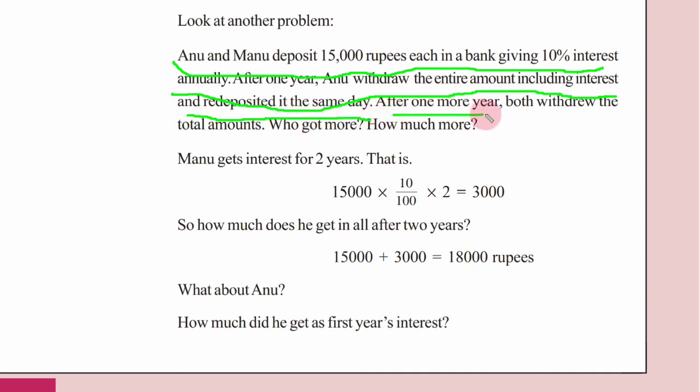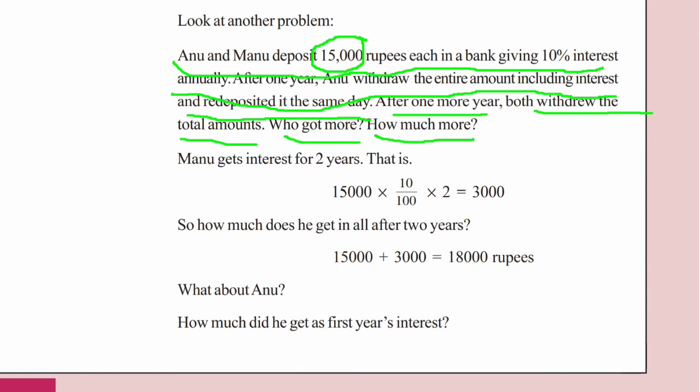After 1 more year, both withdrew the total amounts. Who got more? How much more? Both deposited 15,000 rupees in a bank giving 10% interest annually.